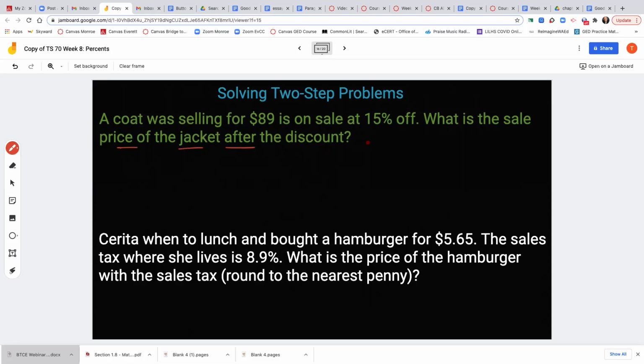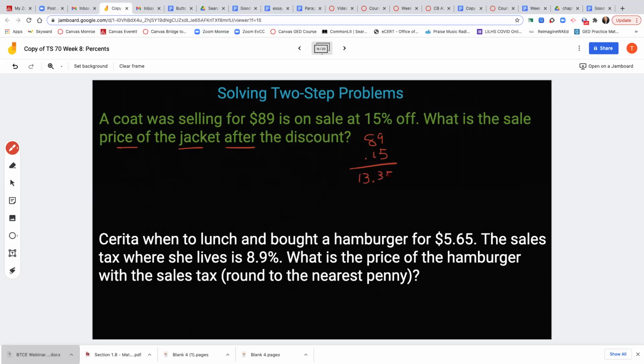So what we have to do here is go 89 times 0.15 to find out what 15% off is. And I got to figure out how to put a calculator on my screen. There's a way to do it. So it's 0.15 times 89, equals 13.35, okay?